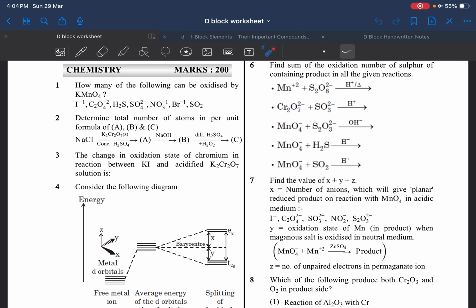In the D block you cannot have very tough questions. In the end, they are memory based: if you know the reaction, you memorize the reaction, you can easily solve, right? But I have tried to collect questions from all possible resources, and these questions are really good. So we will solve these questions further, and I will cover that in the next session.